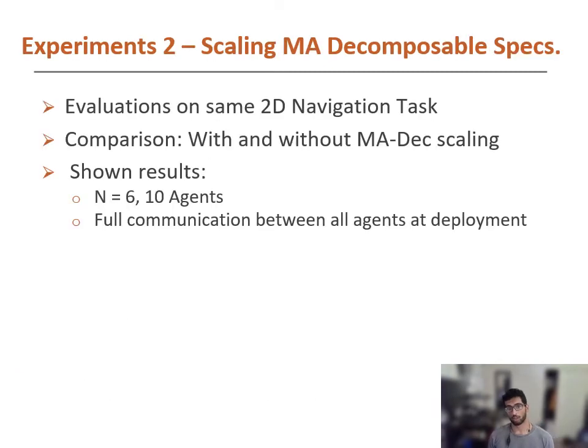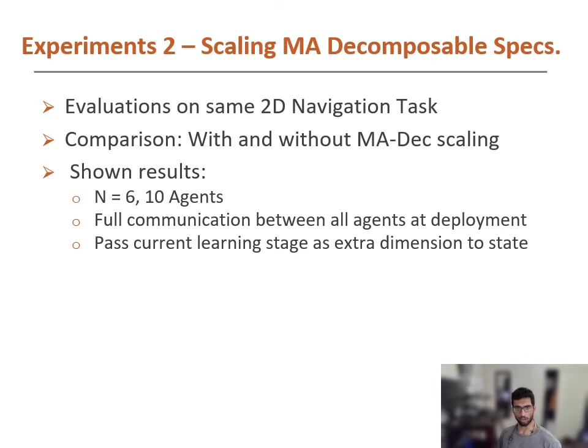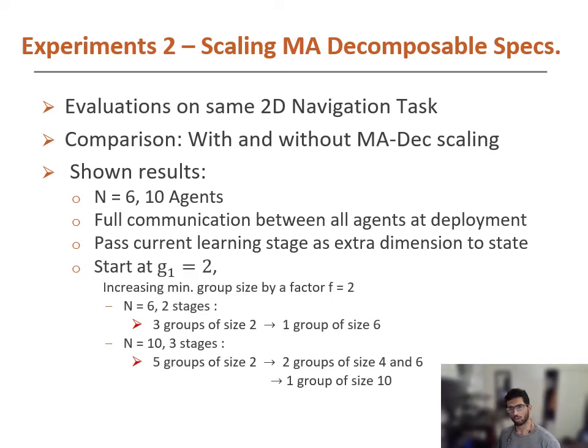Now, as we increase the number of agents, that is n, we turn towards this MA decomposable scaling to help us learn a suitable policy. Here we pass the learning stage as an extra input to the policy and start with a group size of 2 with a factor of 2 as well. And so for 6 agents, we have 2 stages where we start with 3 groups and then move to 1 group of size 6.